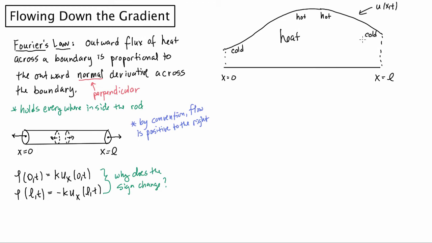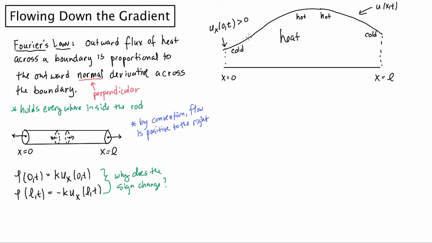So if I'm looking at the derivatives, then let's say the derivative at this point is what? Well, the derivative u_x(0,t) is greater than 0 because you can see here that the slope is positive moving from left to right.